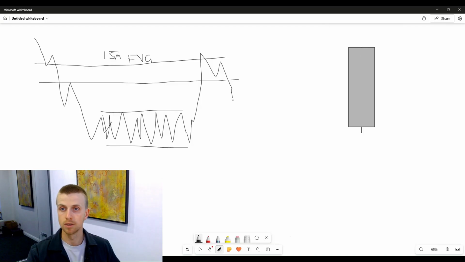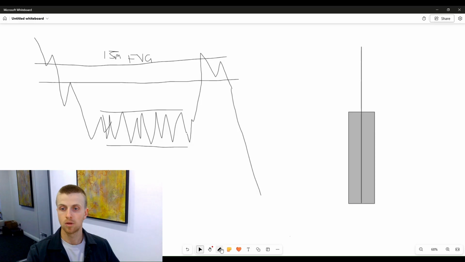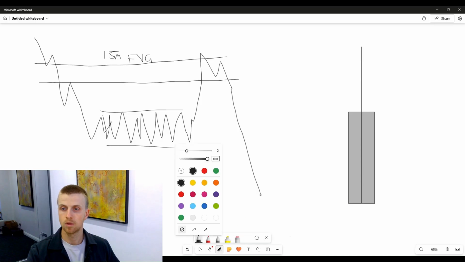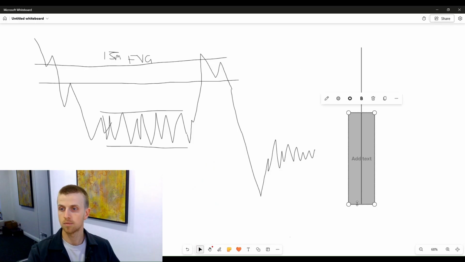From there, price then distributes, taking out the accumulation lows, causing this 4-hour candle to then put in the bottom side of the candle, like this, along with its wick. And the 4-hour candle will do something like this, bringing the body back up.